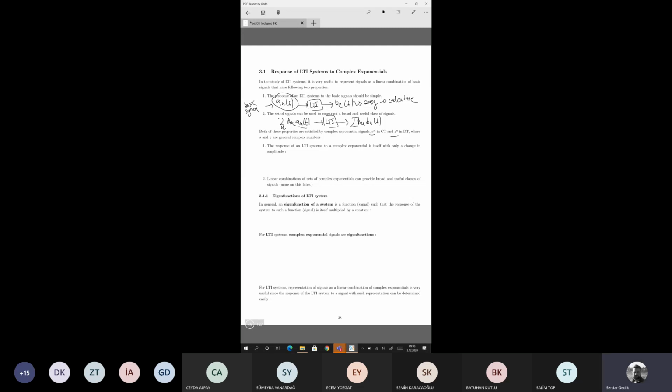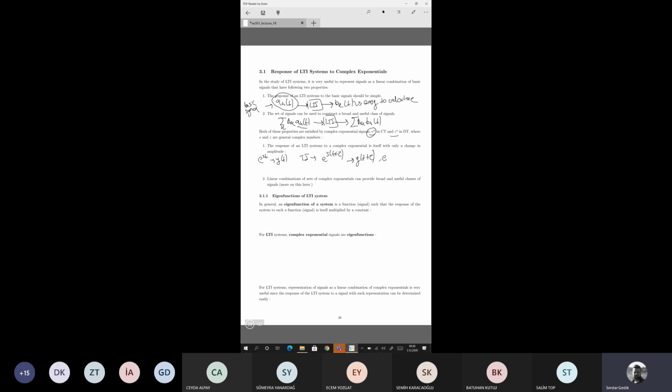If I have an LTI system, let's try to understand the effect of e^{st} on this LTI system. I want to find the output y(t) if I have e^{st} as the input. Since the system is time invariant, I know that if I shift the input, the output is also shifted. This is due to time invariance.